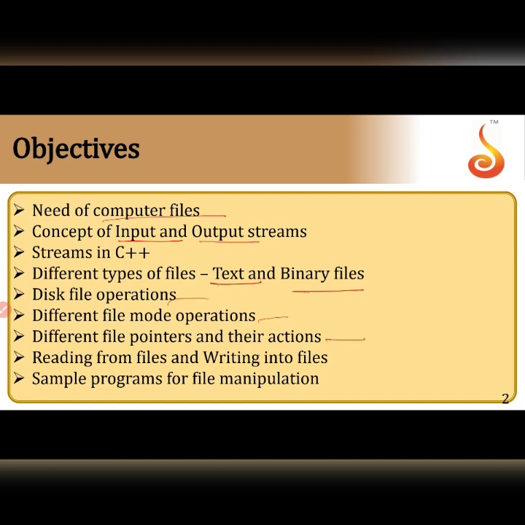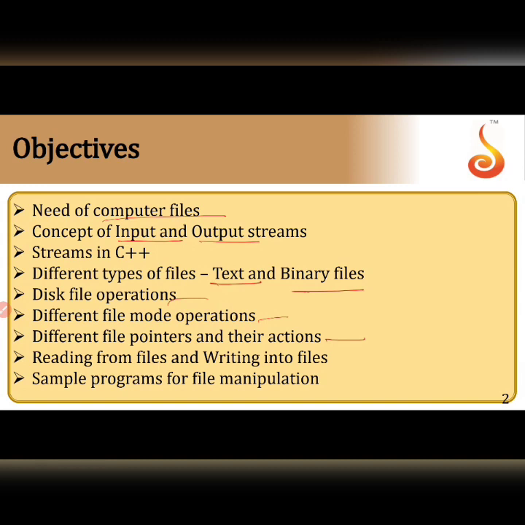And what are the file pointers? The file pointers are for reading and writing. We have different sets of pointers which will tell us the location of the cursor at a certain point of time. And then reading from files, writing into files. Yes, we can read from a file to a program, which would be an input, and write it on the monitor.